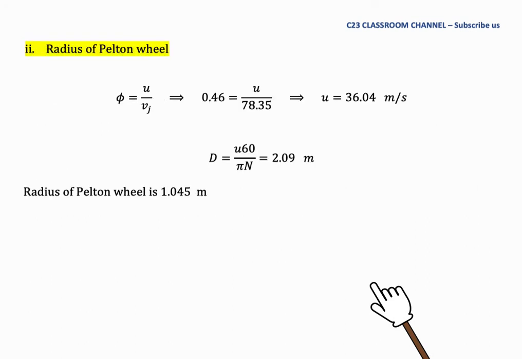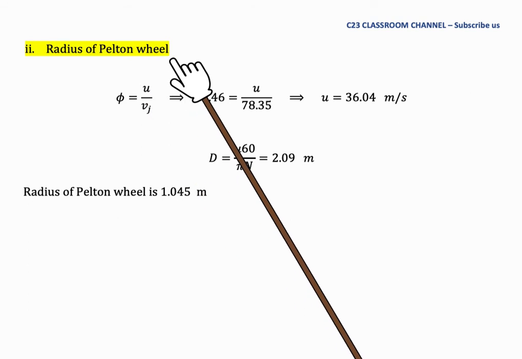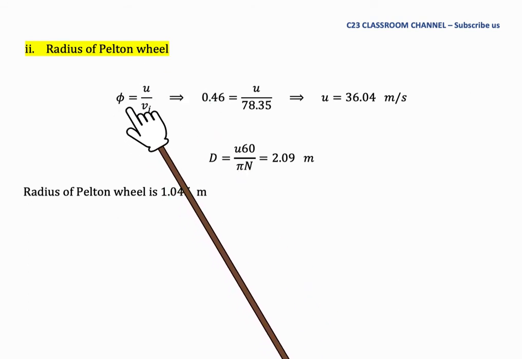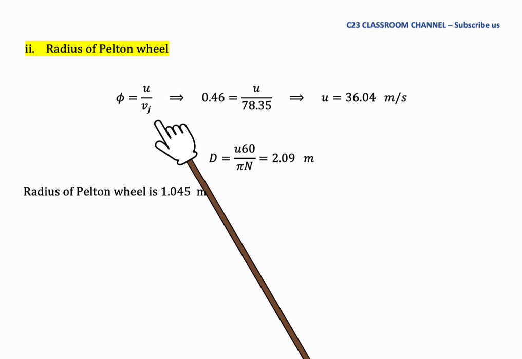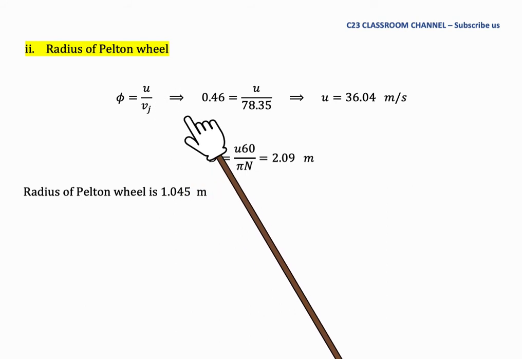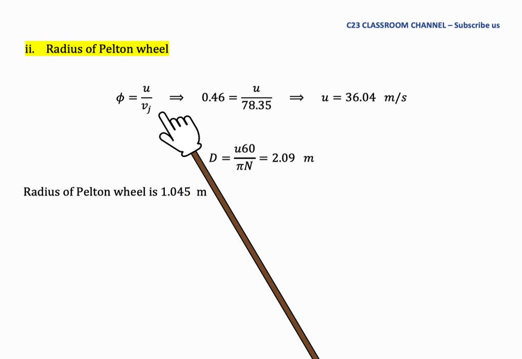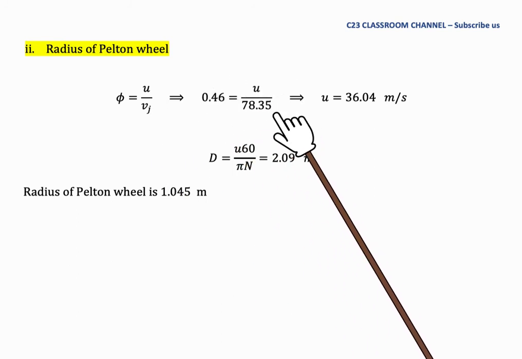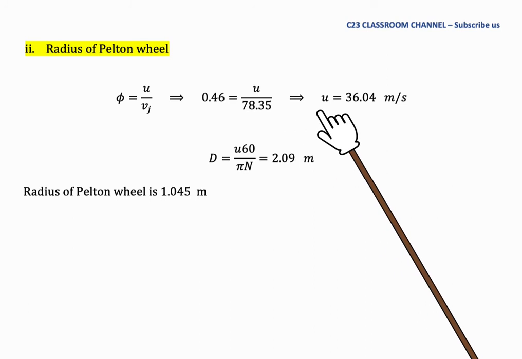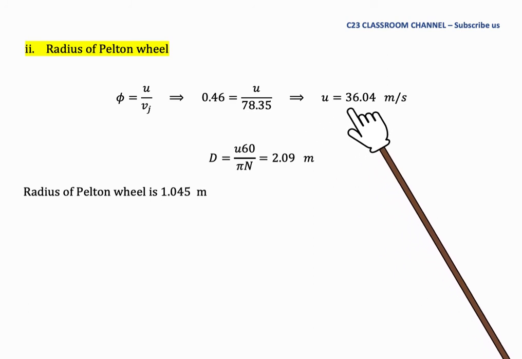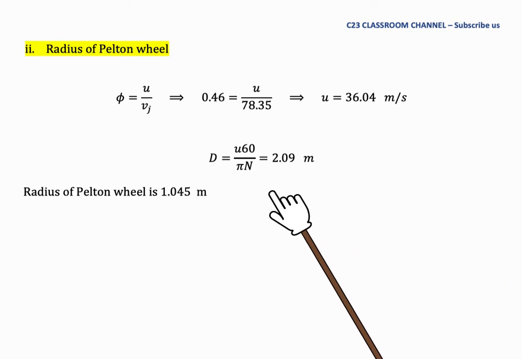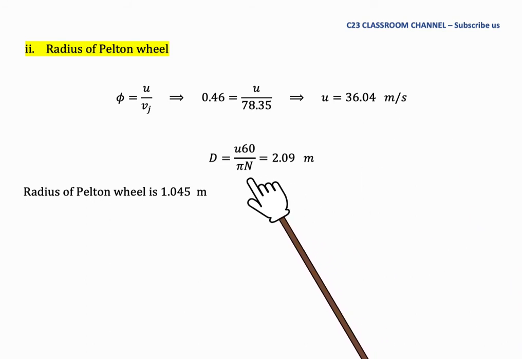Next, we are calculating the radius of Pelton wheel. The speed ratio, phi, is equal to u over V jet. From the question, we know that the value of phi here is 0.46. So we substitute in this equation, we could calculate the value of u is equal to 36.04 meter per second. Then we could substitute into this equation.